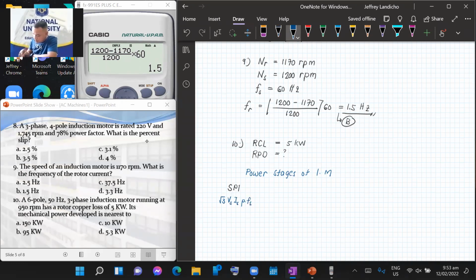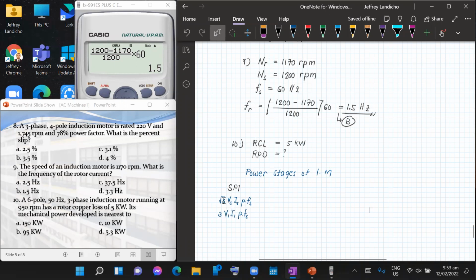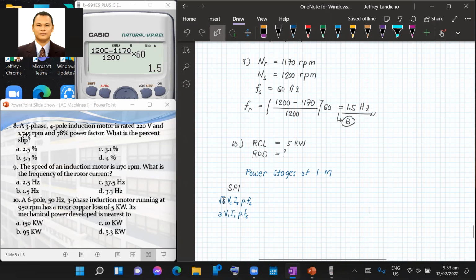Okay, so kung naka-per phase yung ating equivalent circuit, so this is 3 V1 I1 cos phi, square root of 3, alam natin that is 29.